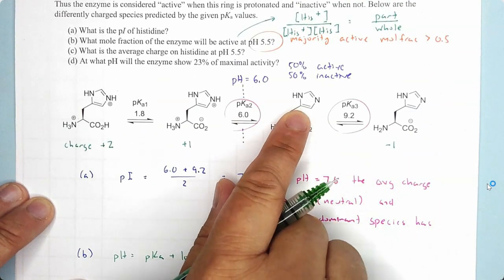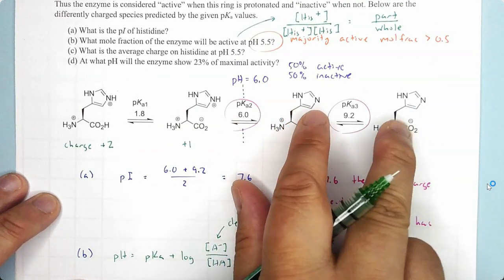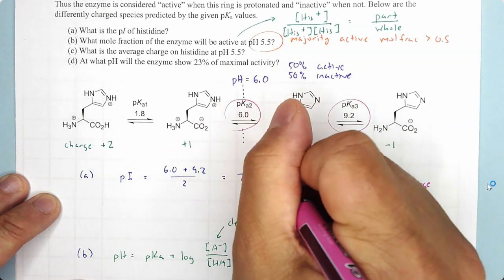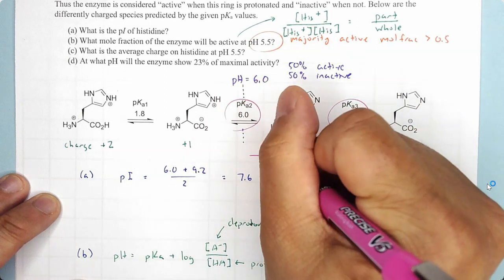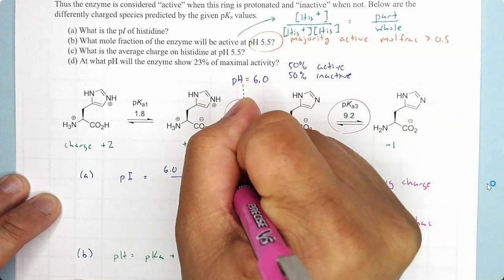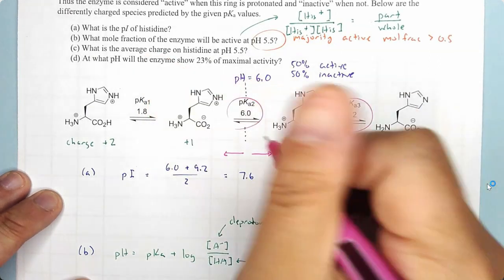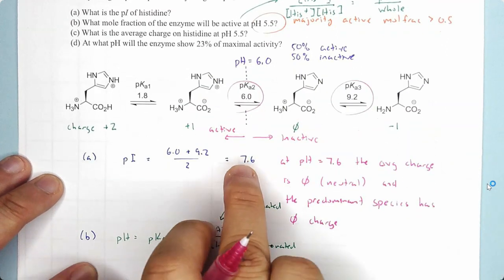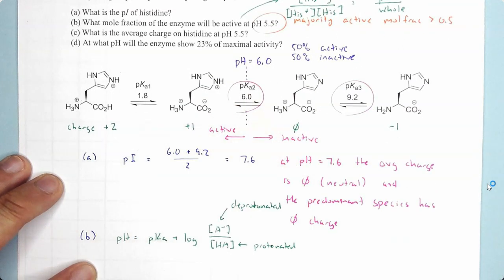And so we're looking at these species here. Let me put this here. If we're on this side, we'll say inactive, and if we're on this side of the pKa, we'll say active, meaning the pH is on the left or the right of this pKa.